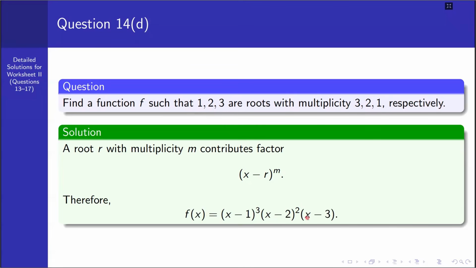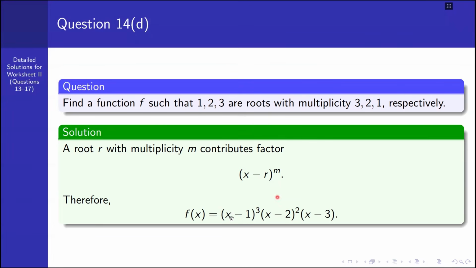And lastly, we have x minus 3, because 3 is a root with multiplicity 1. Therefore, the expected function with roots 1 to 3 and these multiplicities could be f of x equal to x minus 1 to the power of 3 times x minus 2 to the power of 2 times x minus 3. We can expand this.